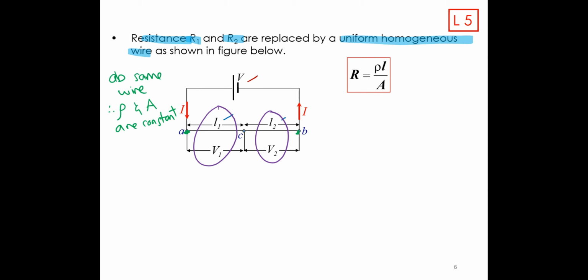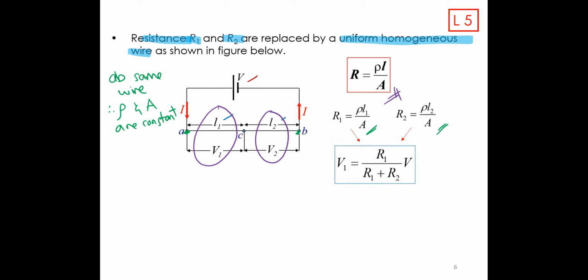The resistance of a wire is given by rho L over A, where rho is the resistivity of the wire, L is the length, and A is the cross-sectional area. Because you already divided it into two parts, we have R1 and also R2. Then we substitute into the first equation that we discussed just now.